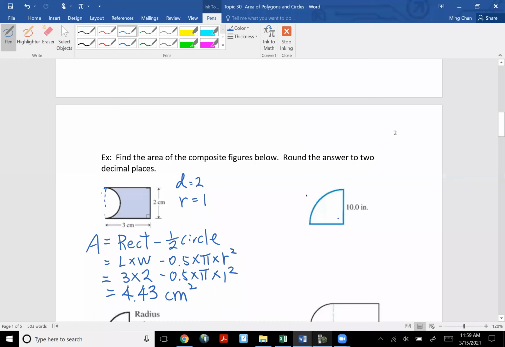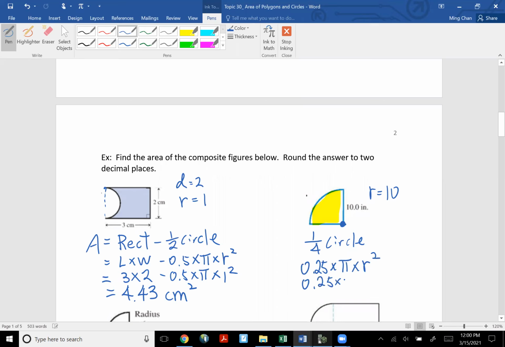Okay, the same picture as we saw from the last video. This time, we will actually be finding the area. We say that this is a quarter of a circle, so all I need to do is find the area of a quarter of a circle. Remember, this is the radius. If the center of this quarter circle is right here, then the 10-inch has to be the radius. A quarter is 0.25, so that will be 0.25 times pi times the radius squared.